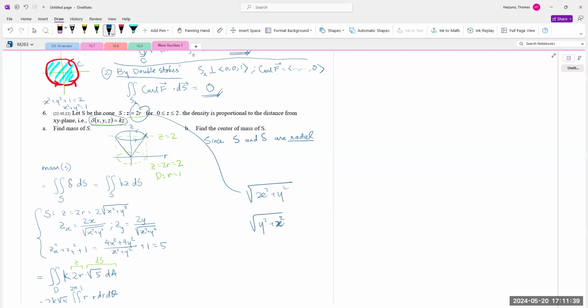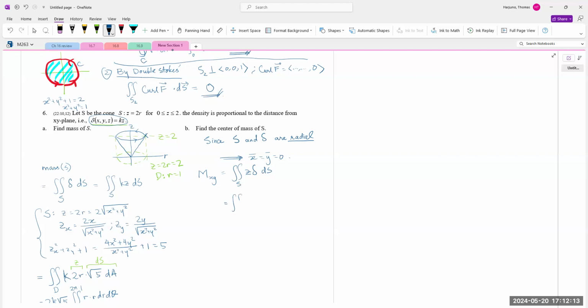Now, because the surface and the density are radial, consequently x bar equals y bar equals 0. What we want is to find the z bar. But to compute the z bar, we need to first find the moment with respect to the xy plane, which is the same double integral over S, but we would need to insert z, density, dS.